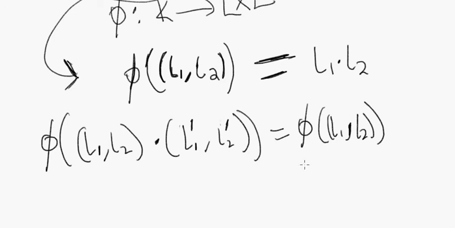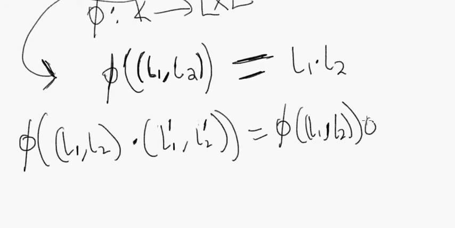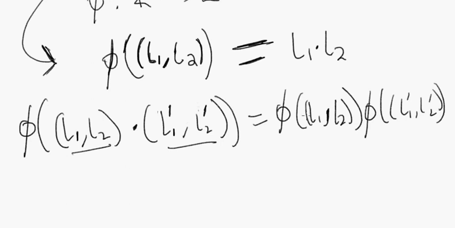So aren't we saying that we want phi of (L1, L2) times (L1 prime, L2 prime) to equal phi of (L1, L2) times phi of (L1 prime, L2 prime), okay? So that's the question.